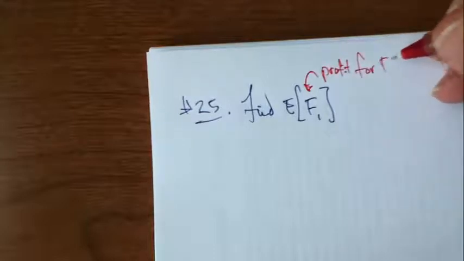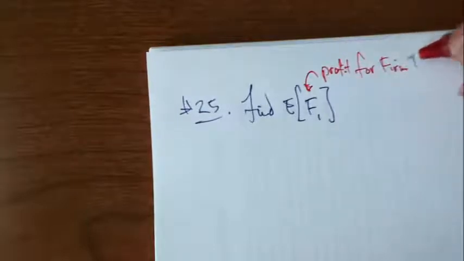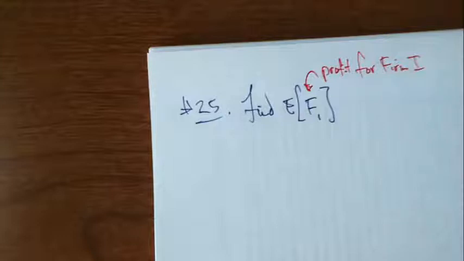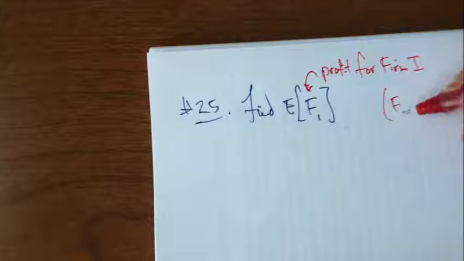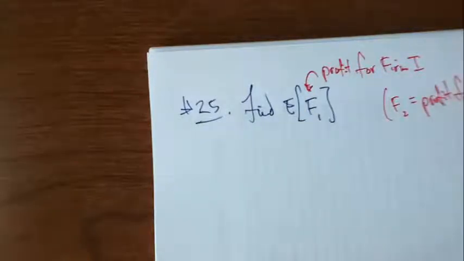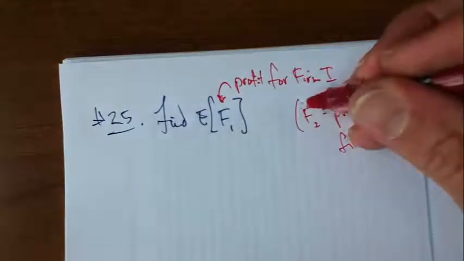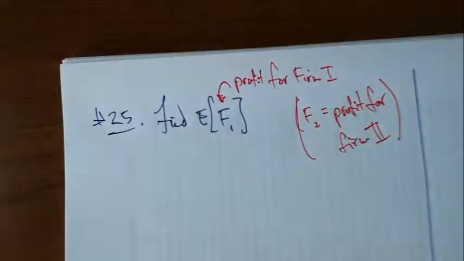Similarly, we might want to use F2 as the profit for firm 2. You might want that in the future when we talk about the owner of both firms. It's not really fair, is it, to own 2 of those?